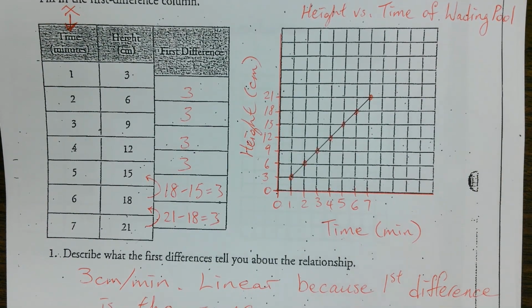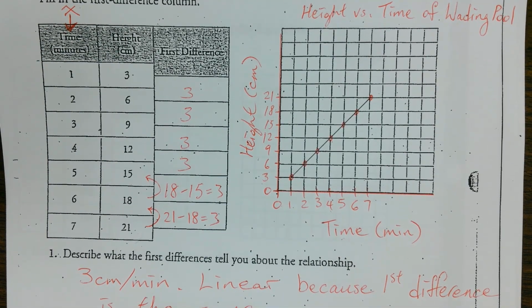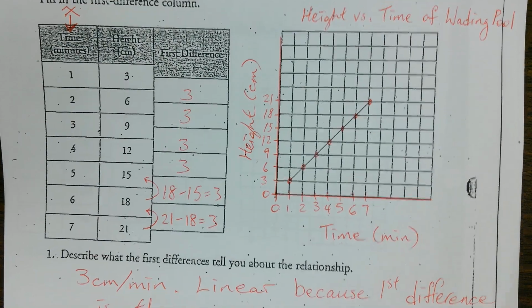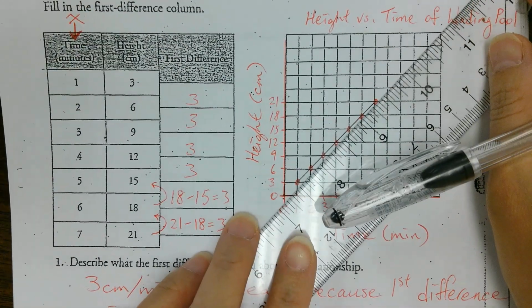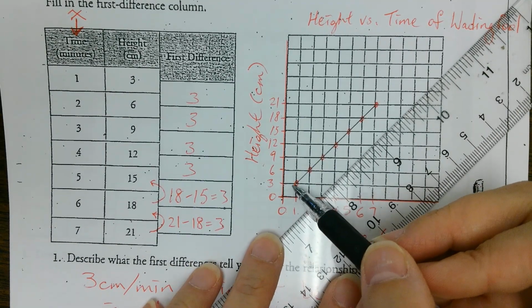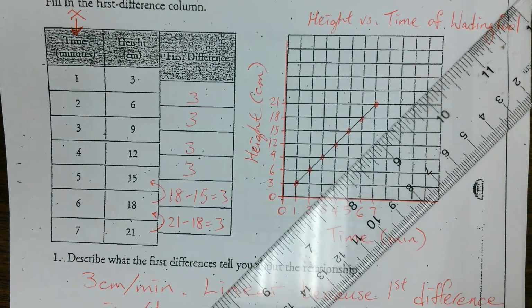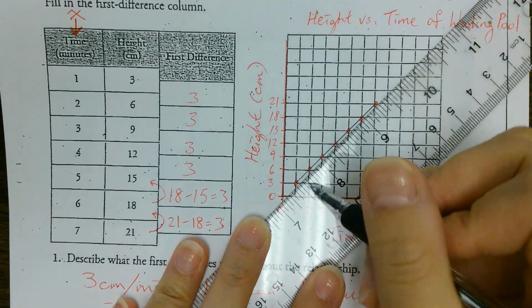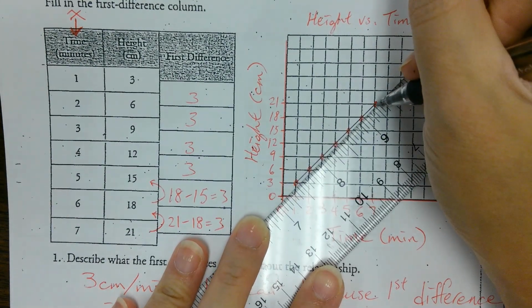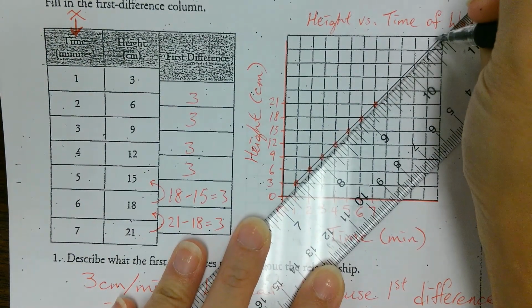Something else I don't like about what I drew right here. Brianna? The line doesn't go all the way up, and not just up, but both ends. Your line goes on forever. So don't stop at the first and the last point. Extend it out. Draw an arrow at the end.